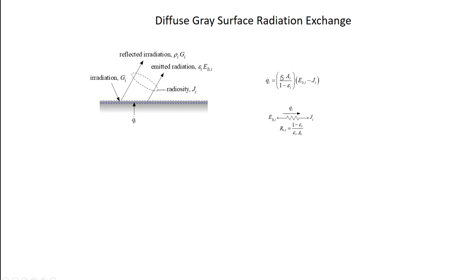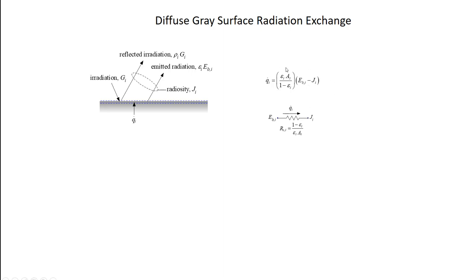Q dot is equal to this group times EB minus J. So as promised, I get an equation that gives me the radiosity in terms of things that are pretty convenient for me: how much the net radiation heat transfer is from the surface, Q dot I, and characteristics of the surface itself, the emissivity, the area, and the temperature. This is sigma T to the 4th.